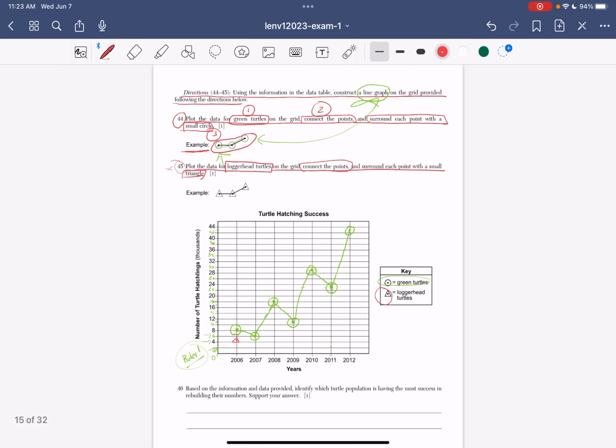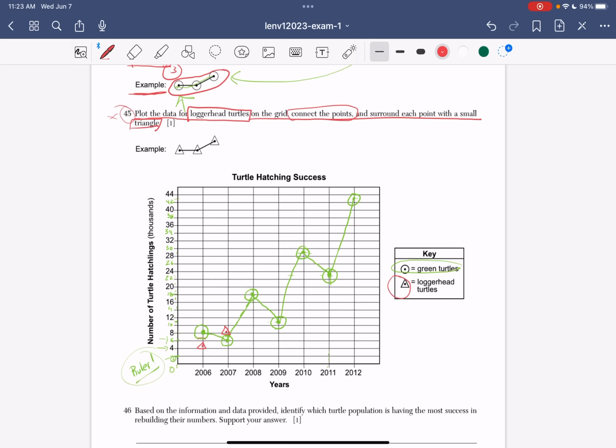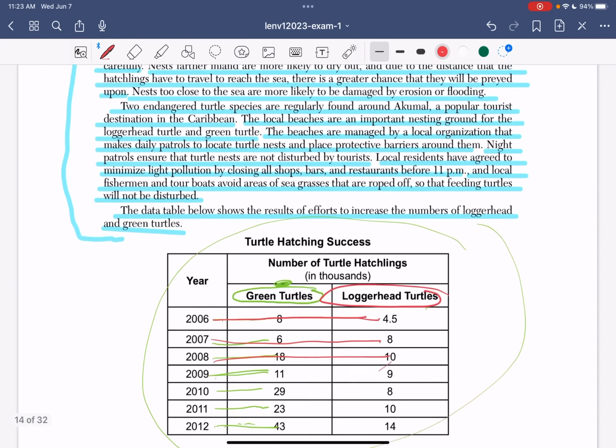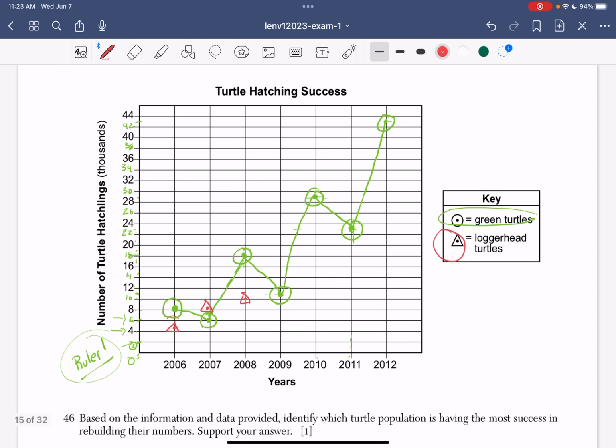2007 was 8. 2008 was 10. This is 10. 2009 was 9. Oh, it's getting a little tricky, right? 9 would be around here.